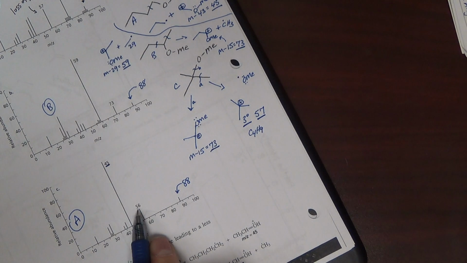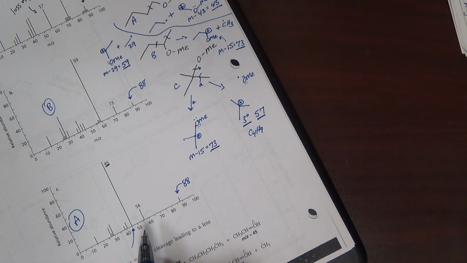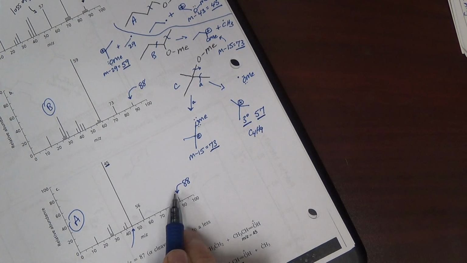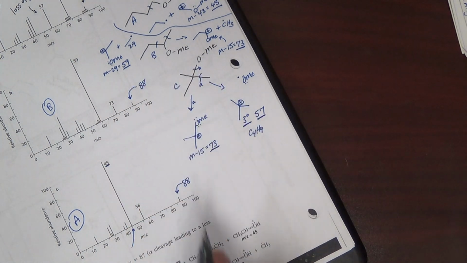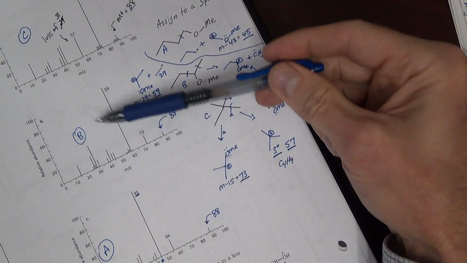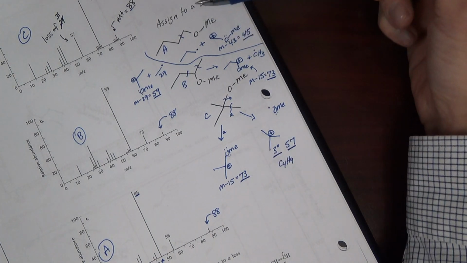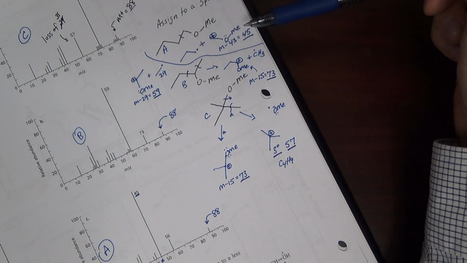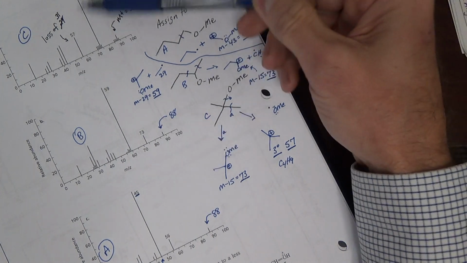This is probably some type of loss of a neutral fragment, some other pathway which we may not have looked at. You may remember with carbonyl compounds we looked at and need to be aware of the McLafferty rearrangement, which eliminates a neutral molecule. But we haven't looked at anything for ethers. Okay. Basically, I'm pretty confident that I've assigned the spectra to each compound, and I began this by predicting cleavage fragments, and then I went from there.